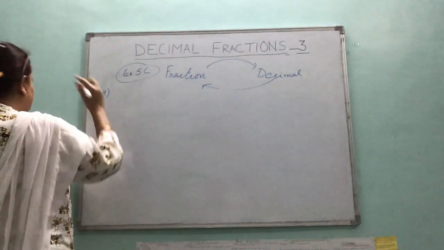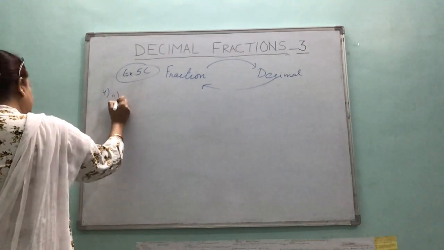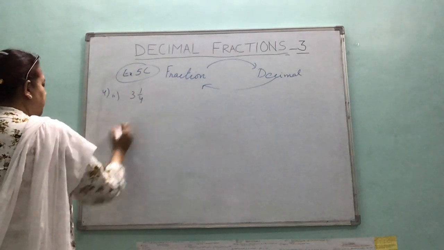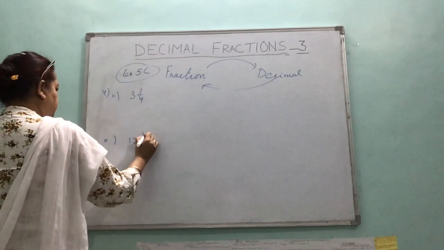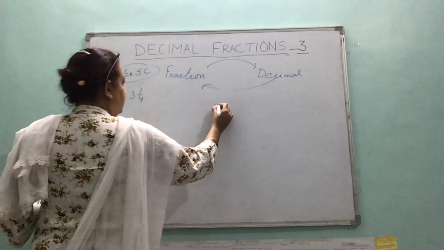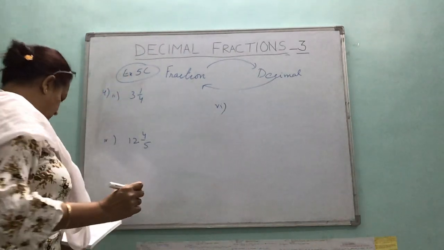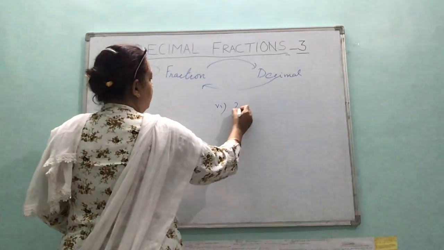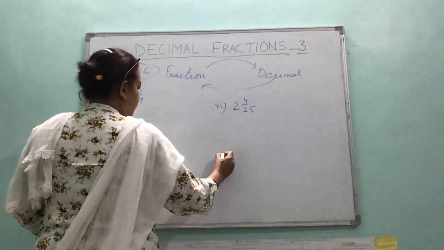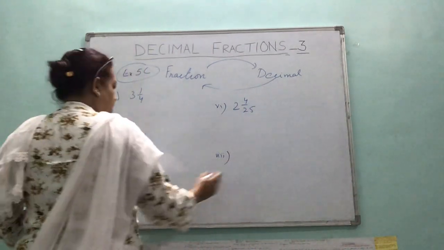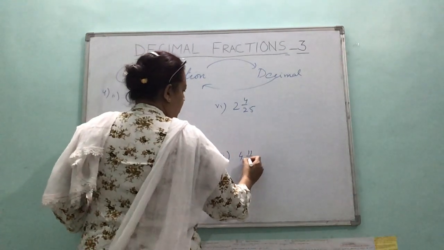So it is question number 4, second part, 3 whole 1 by 4. Fourth part, 12 whole 4 by 5. Sixth part, 2 whole 4 by 25. And the eighth part is 4 whole 11 by 20.